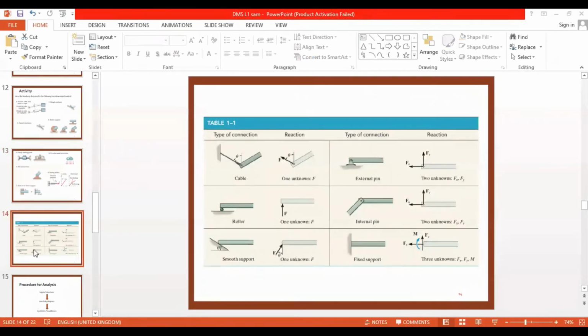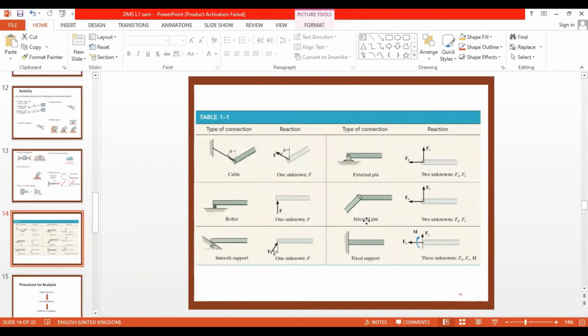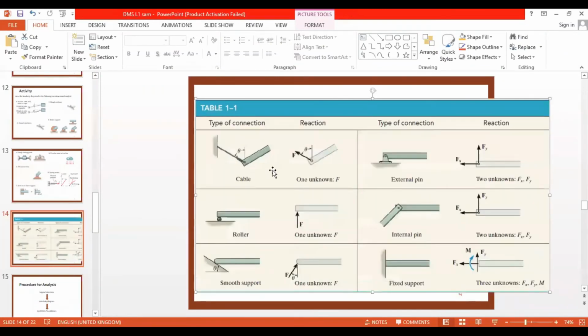So this table will give you a brief of whatever you have done so far, the previous last two slides. We'll see one by one. So this one is a cable. The first diagram we draw, you see the cable part is drawn. Since it is hanging, this cable will have only force directed in that particular direction.